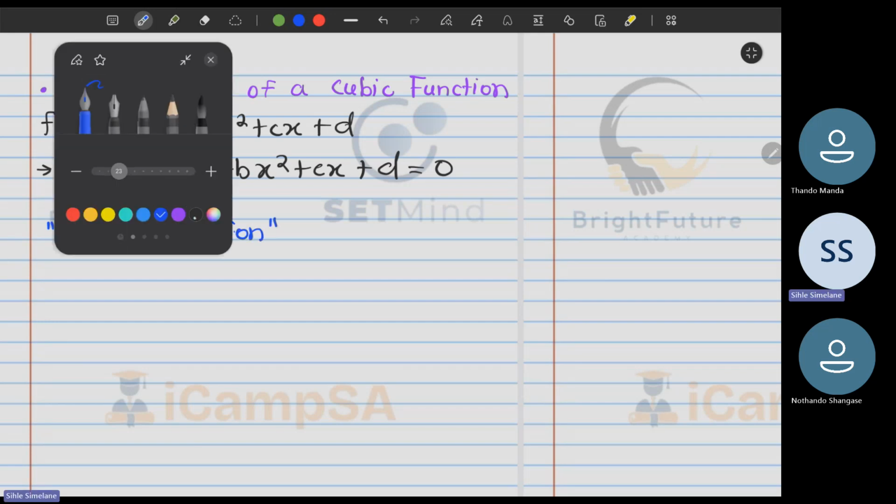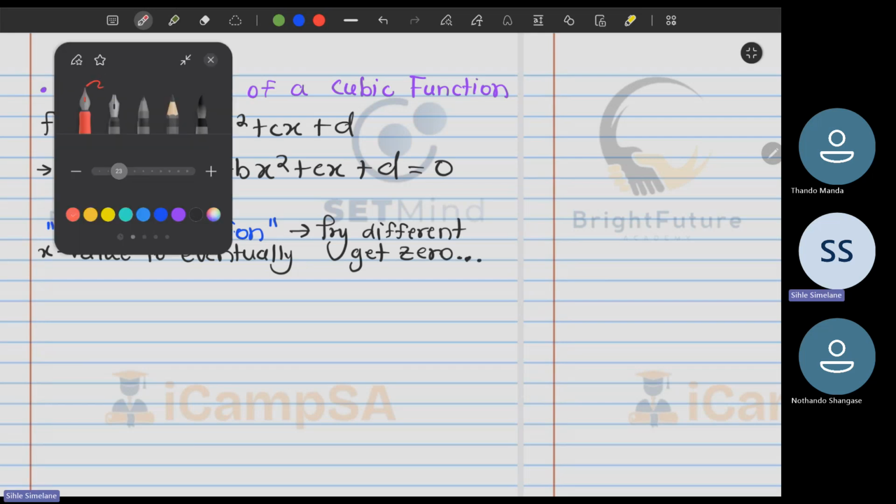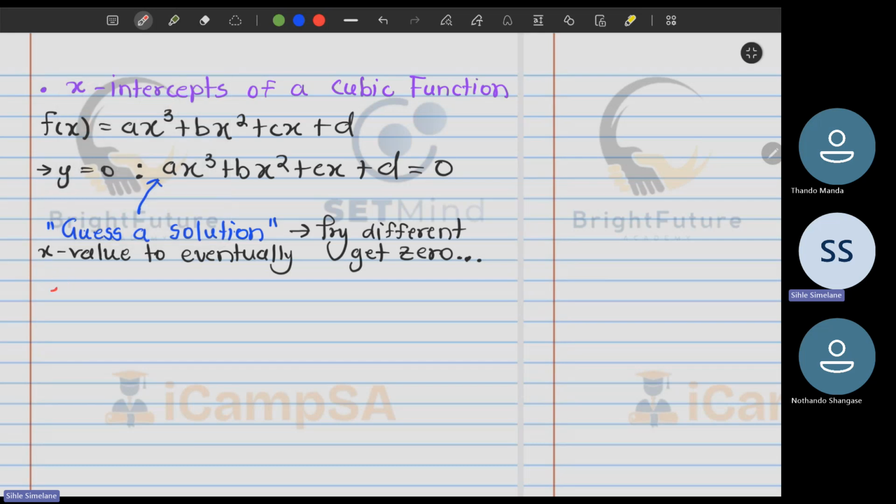Guess a solution. So what does this mean? It means that we are going to try different x values and see if we can get 0. Okay. So you just need one x value to work, and then the rest will do long division.